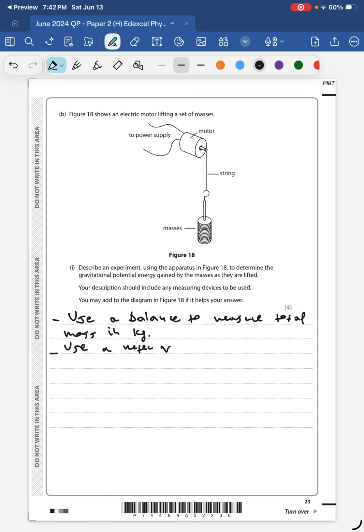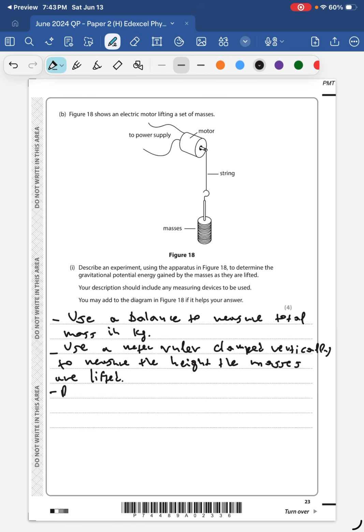Use a meter ruler, sorry, clamped vertically, to measure the height the masses are lifted.